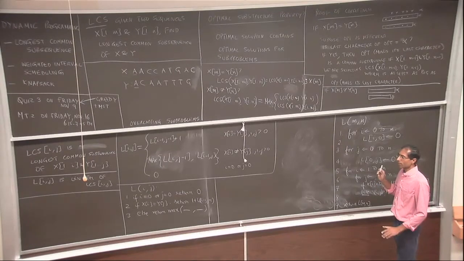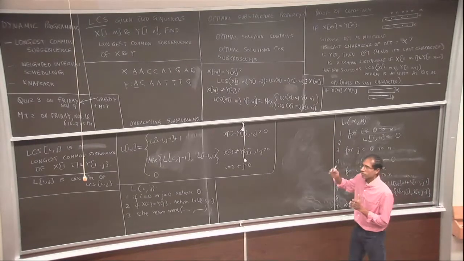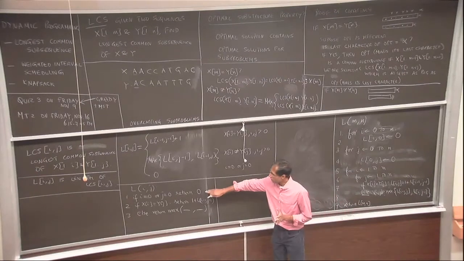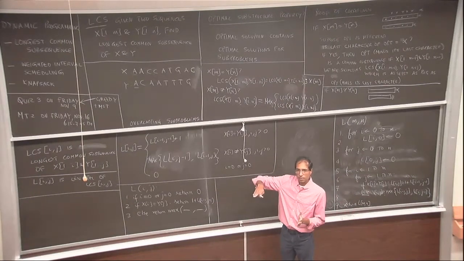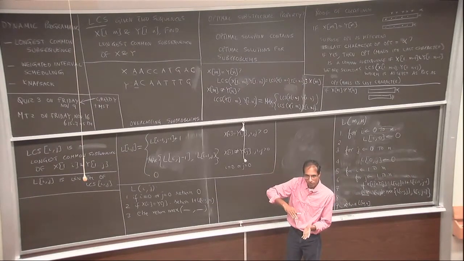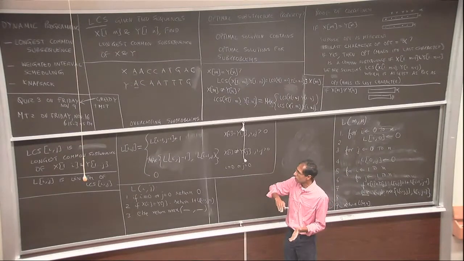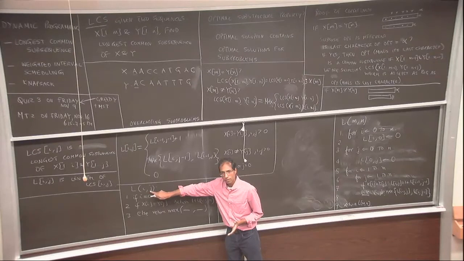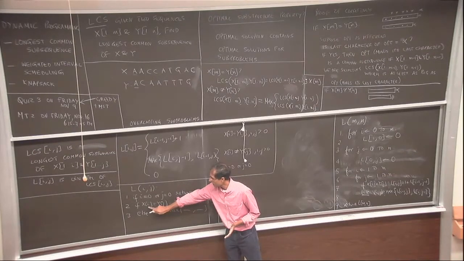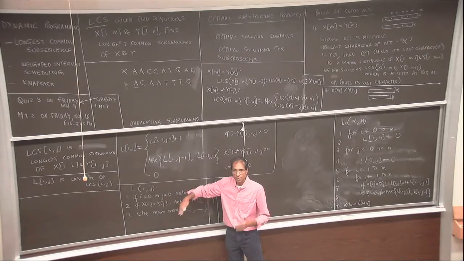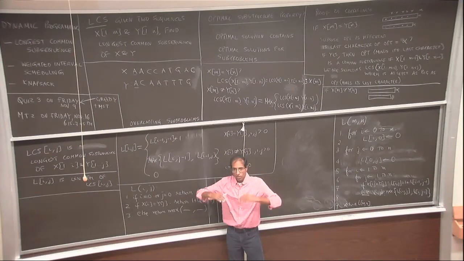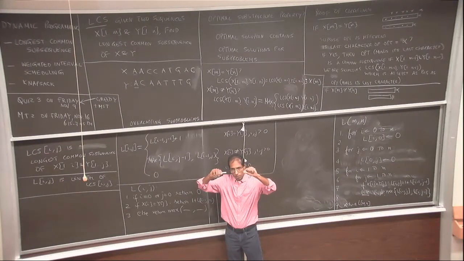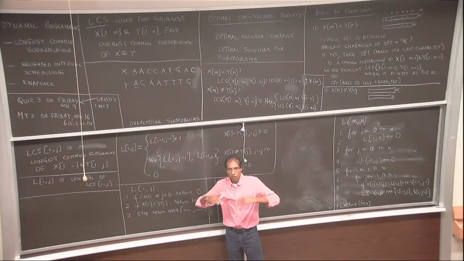Think about the recursive call as a top-down procedure. You will make the call to L(m,n). The first thing it will check is whether xm equals yn. That's top-down: it looks at the top, xm equals yn, and then it makes the lower calls.